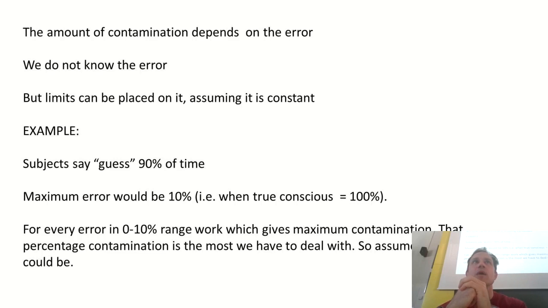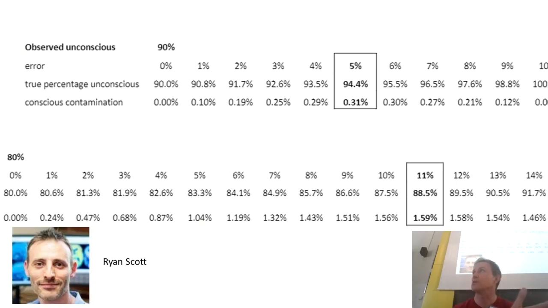And then 10% of those are said to be conscious. That's our maximum error. But that means there's no contamination in the 90% that the subjects were saying yes to. Zero contamination. On the other hand, if there was 0% error, obviously there's no contamination either. So the maximum amount of contamination happens in the middle of the range. Not 0% error, not your maximum error, but in between.